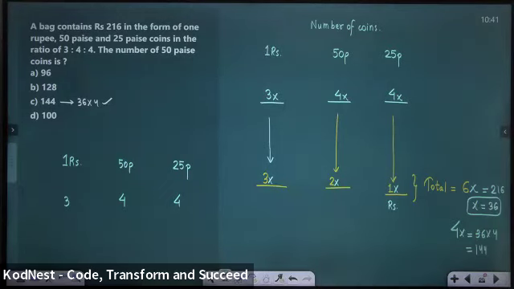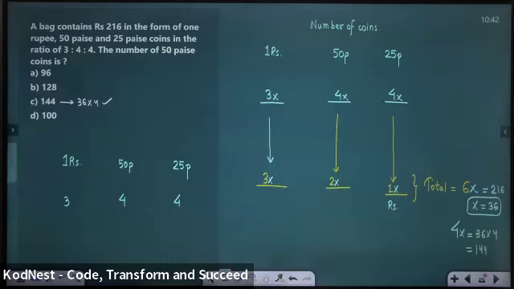How 4x? Directly from the ratio, 3x, 4x, and 4x. Why would I calculate 3x?